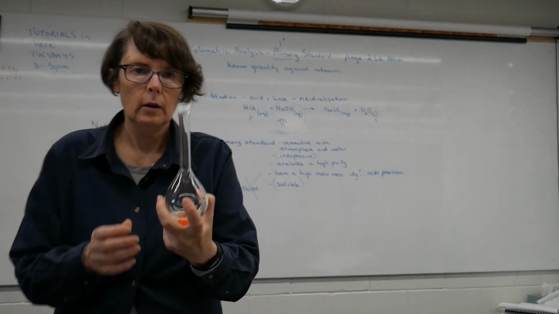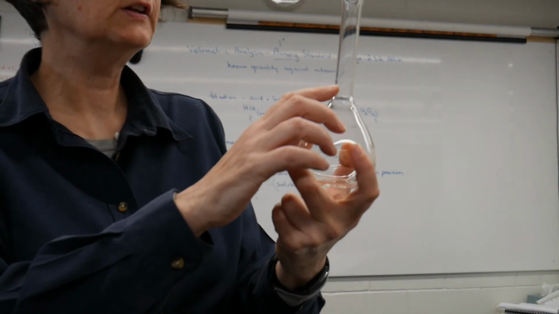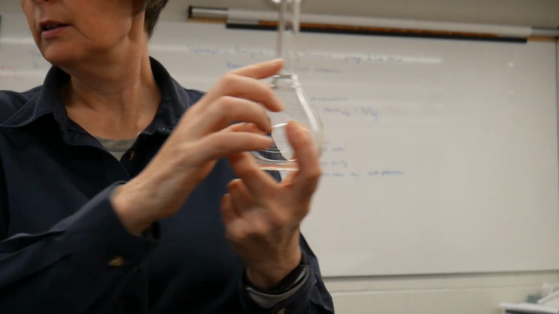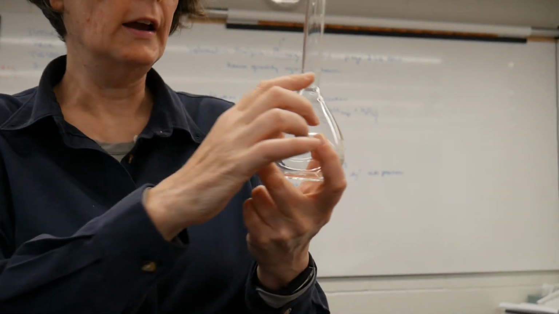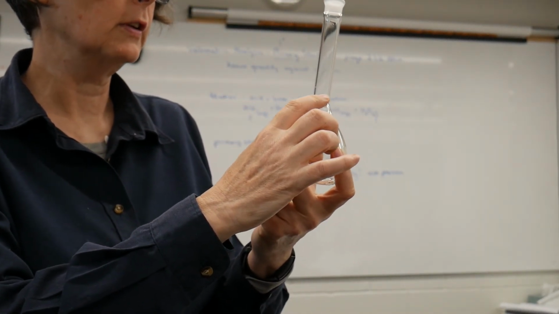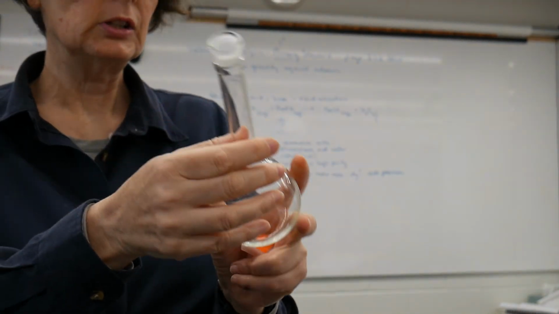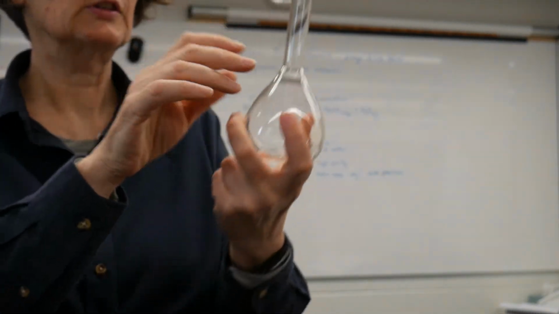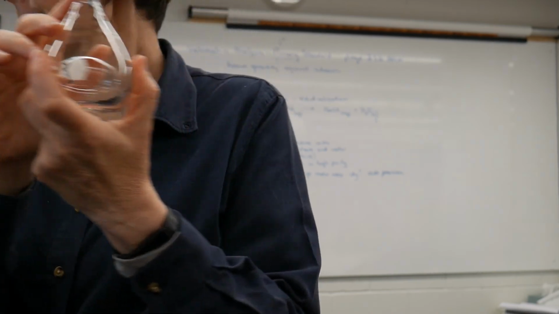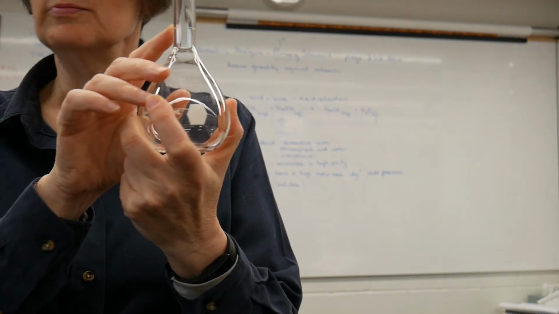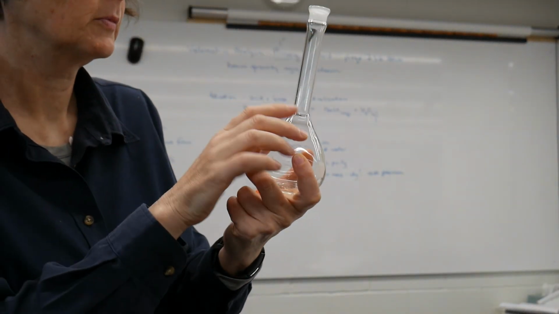So what we're interested in is filling to the etched line on the neck of the volumetric flask. This is a 200 ml volumetric flask, and it only measures 1 volume, and that's it there.